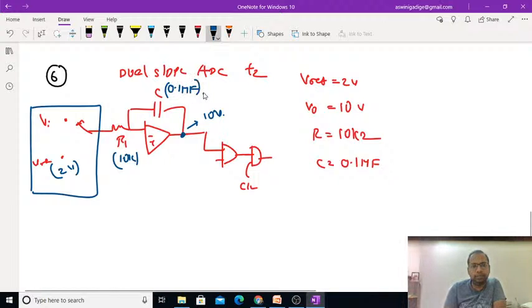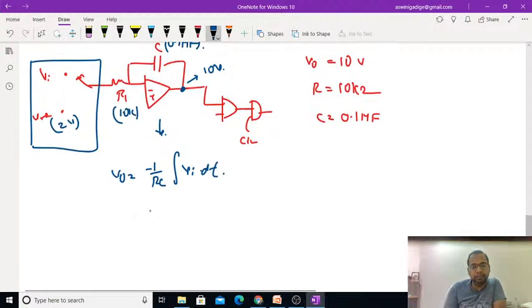Usually, if the integrator connects to VI, the output of the integrator we can take as V0 is equal to minus 1 by RC integration of Vi into dt. If the switch is connected to the input, I will get the same expression.